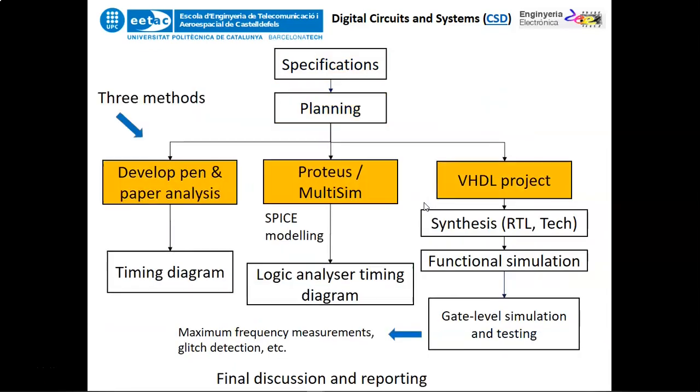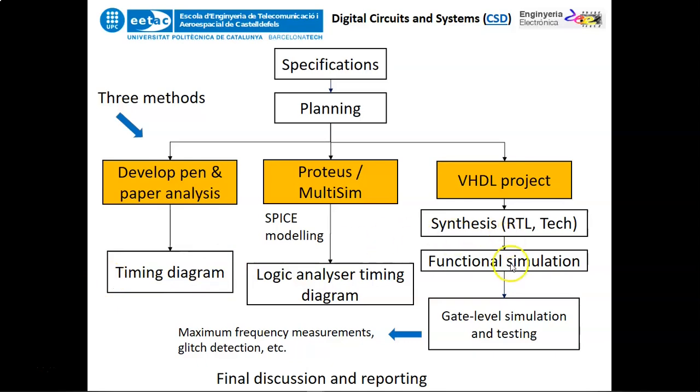So that's the third method, right? You can develop a project in VHDL as usual. You can synthesize the project for a given target chip. You can inspect the circuits in the RTL view or technology view. And finally, you can reach the functional simulation, which is going to be pretty much the logic analyzer that you've got in Proteus or Multisim, or the timing diagram that you got on paper, right?